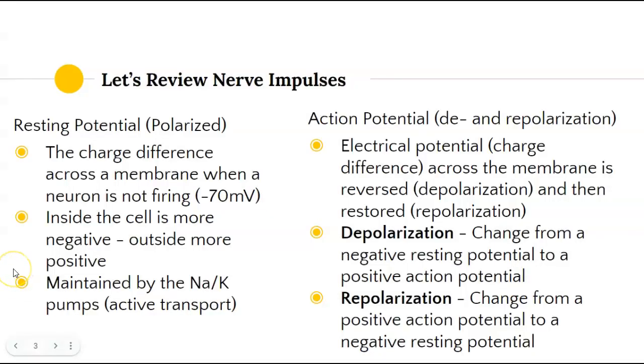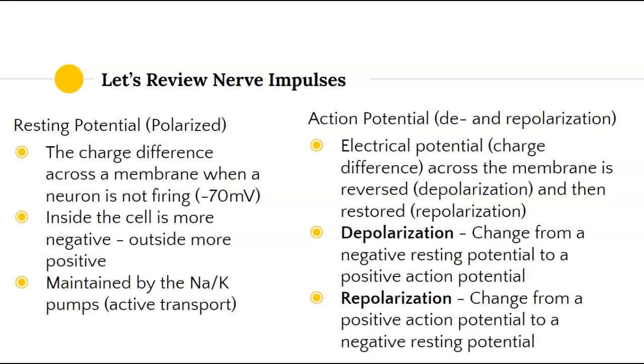So continuing on, let's review nerve impulse. There is the resting potential and the action potential. The resting potential is where your nerves are at when they're not doing anything. So when a neuron is not firing an impulse, it rests at negative 70 millivolts.